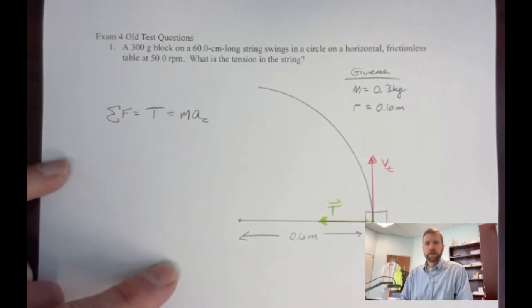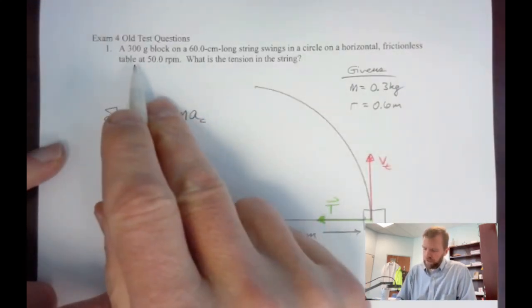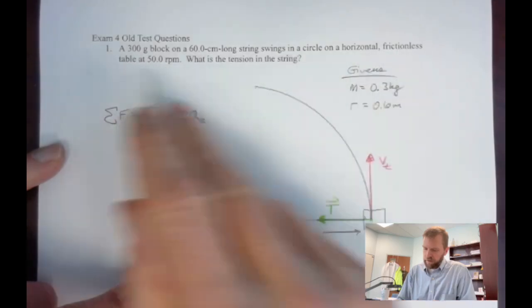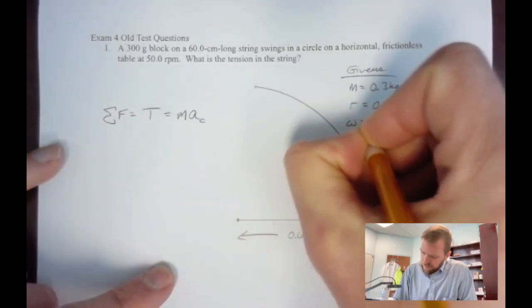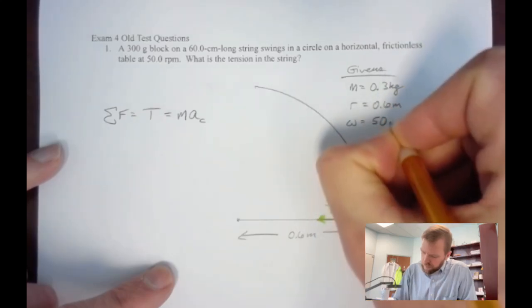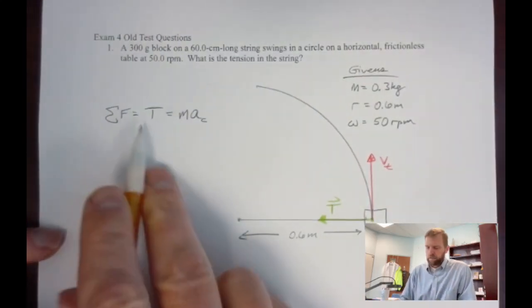And then the angular speed is 50 RPMs, that is omega. And then we're asked for what the tension is.